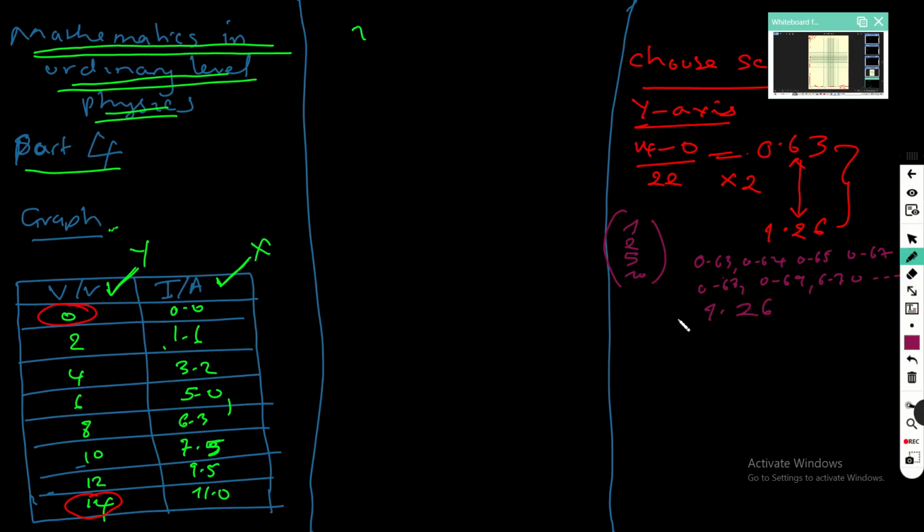When you have written up to 1.26, you check which of these values in this range is a multiple of 1, 2, 5, or 10, or is divisible by 10. If you look at all these values, you will see 1 is the most likely, because 1 will always be inside.